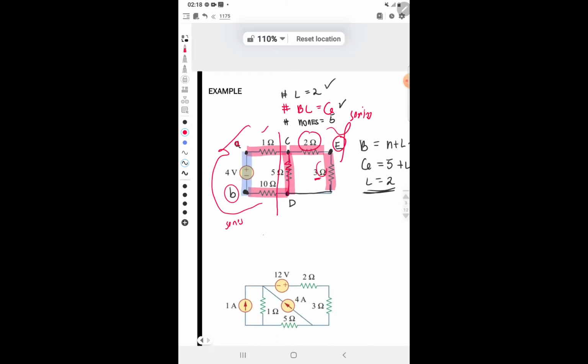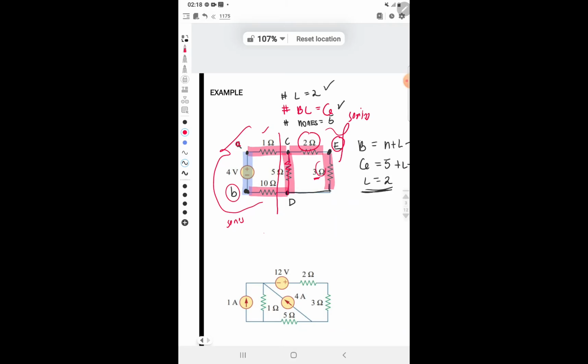Okay, so our 5 ohm is connected in parallel with the series combination of 2 ohm and 3 ohm, and connected in parallel with the series combination of the passive element 1 ohm and 10 ohm, which is in series with the active element 4 volts.